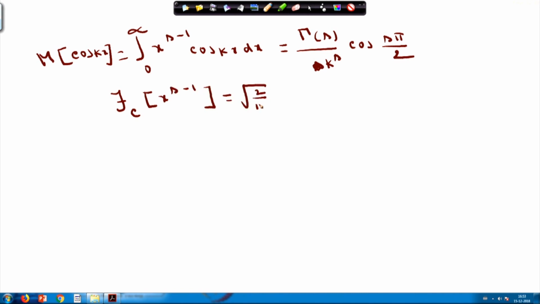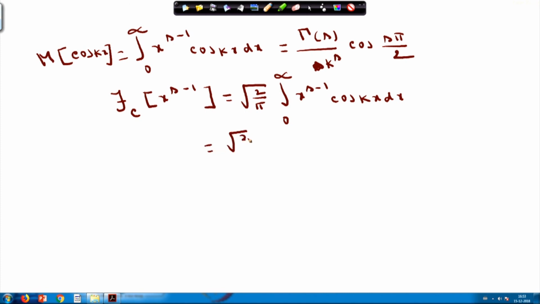From the definition, it is root over 2 by pi, integral from 0 to infinity of x to the power s minus 1 into cos of kx dx, that is f(x) into cos of kx dx. From the definition of the Fourier cosine transform, we can write the Fourier cosine transform of x to the power s minus 1 equals root over 2 by pi, integral from 0 to infinity of x to the power s minus 1 cos kx dx. And this integral is nothing but the Mellin transform of cos kx, whose value we already know.